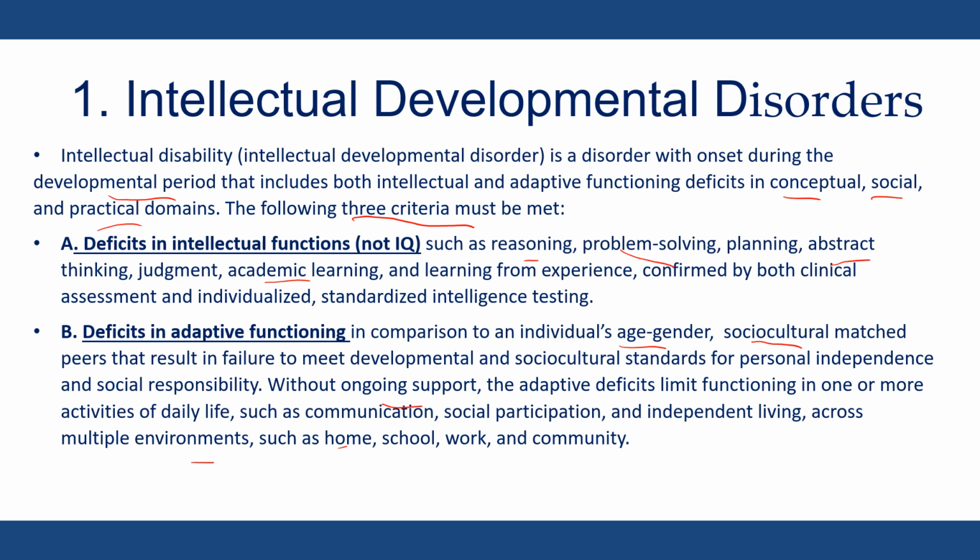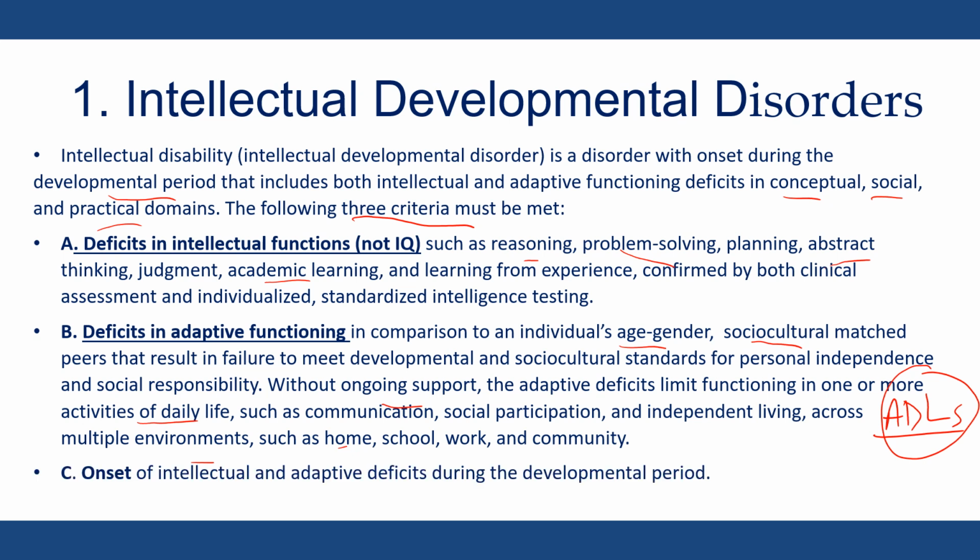Is your client showing adaptive deficit that will limit functioning in one or more of the activities of daily life? And we talked about this a lot, right? Anything that we do in mental health, we always ask this question: what is the impact of this presentation or this symptom on someone's ADLs? This is all about activities of daily living.